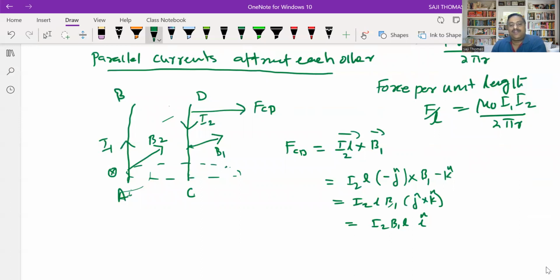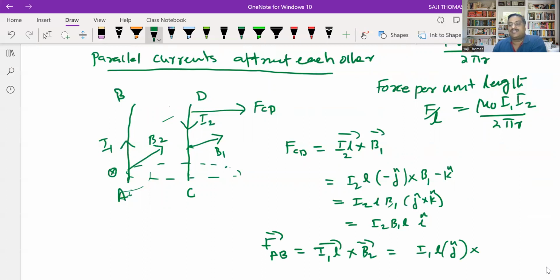Now you can find out the force on AB, FAB. Magnetic field is B2, current is I1, so I1 L cross B2. Here the current is in the plus J direction. Cross B2.